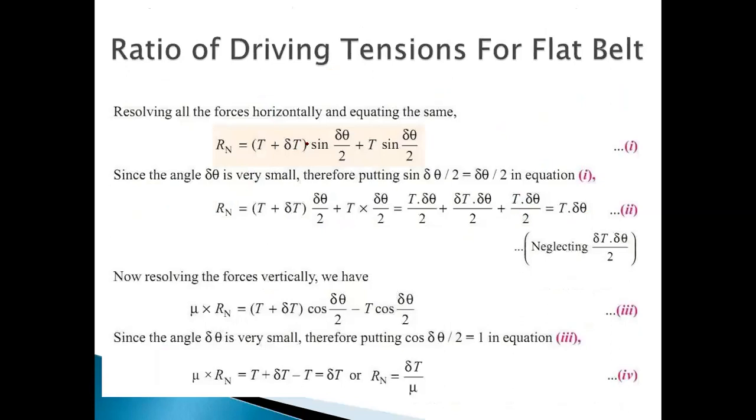So first we are going to resolve the horizontal forces. We are going to resolve T plus delta T sine delta theta by 2, meaning T sine delta theta by 2 plus delta T sine delta theta by 2, right?